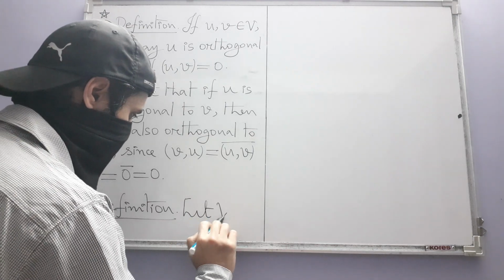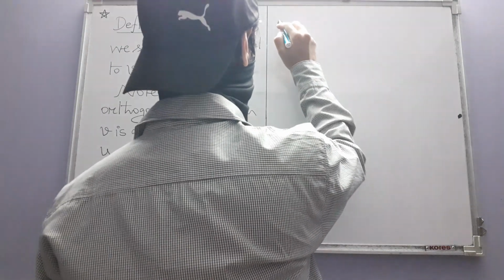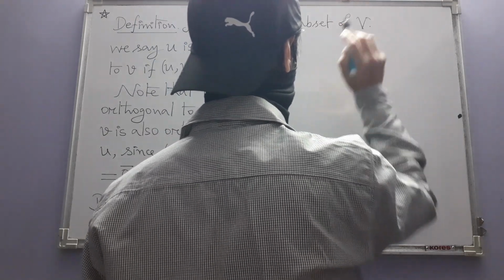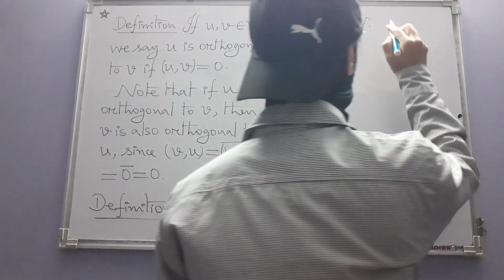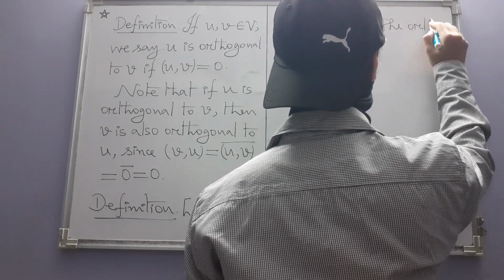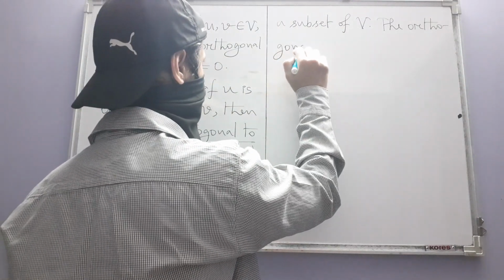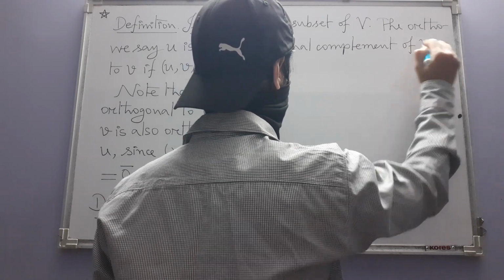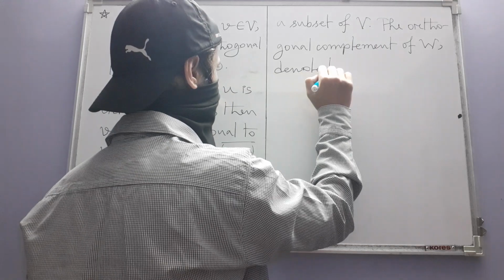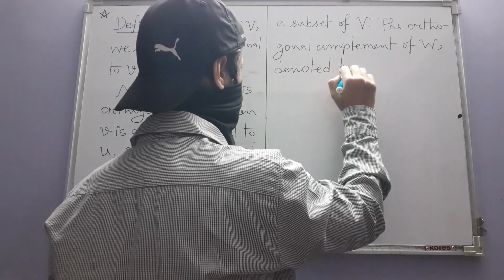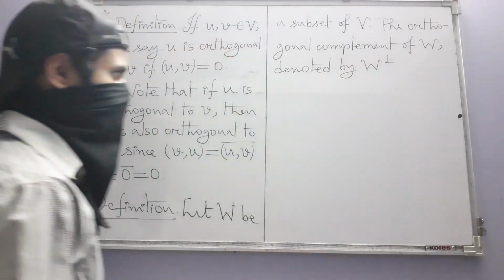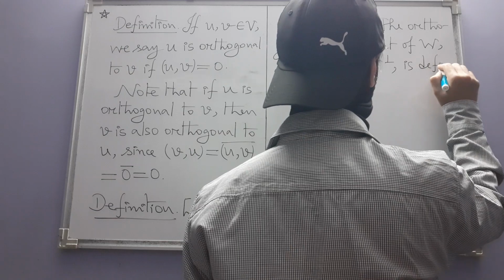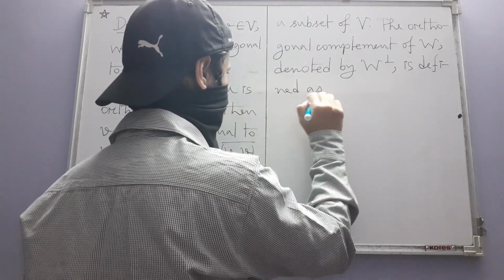Let W be a subset of V. The orthogonal complement of W, denoted by this symbol, W superscript the perpendicularity symbol, is defined as this.